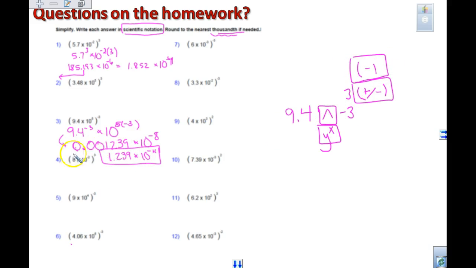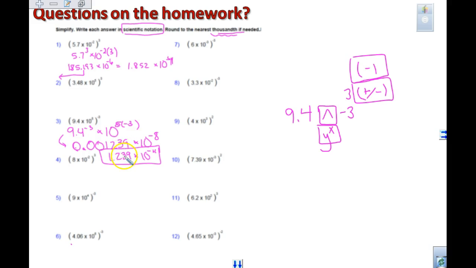But you should try it right now and see that you get 0.001239. They just rounded it. Yeah, it's on 5. Is it 1239?